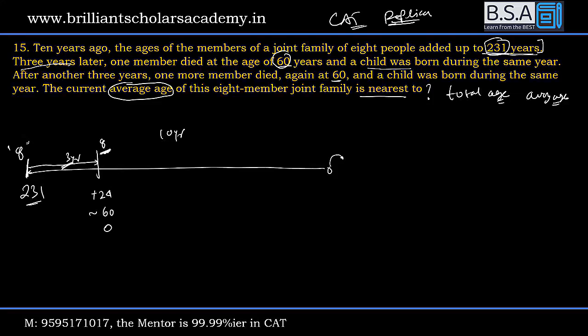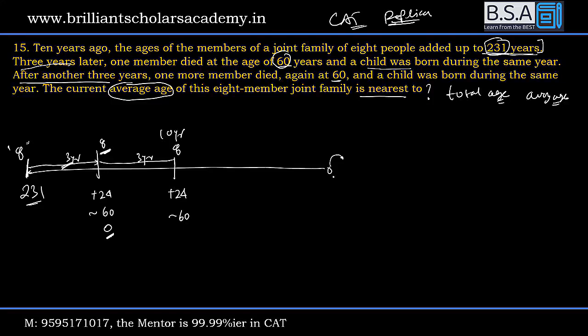After another 3 years, members are still 8, they gain 24 years. Every person gains plus 3. Even the child who was born will be 3 years old now. At this point, again, one member passes away at the age of 60.